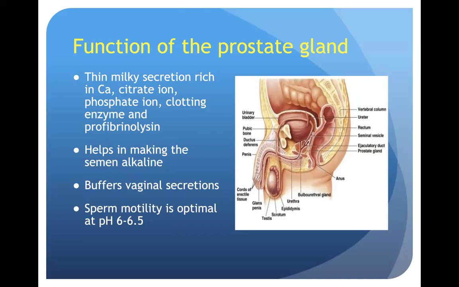Pero sabi natin, in a more acidic environment, they are more motile. Ayan, optimal motility at pH of 6 to 6.5, and that is acidic. Yun nga lang, they are easily destroyed when they are in an acidic environment.